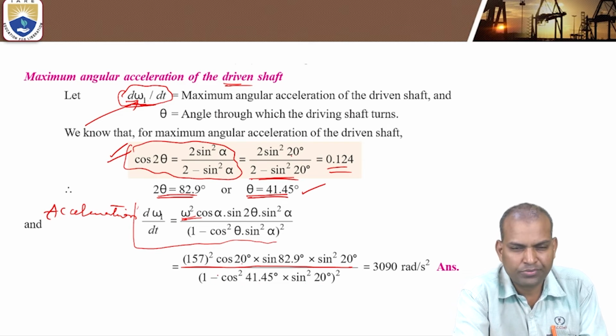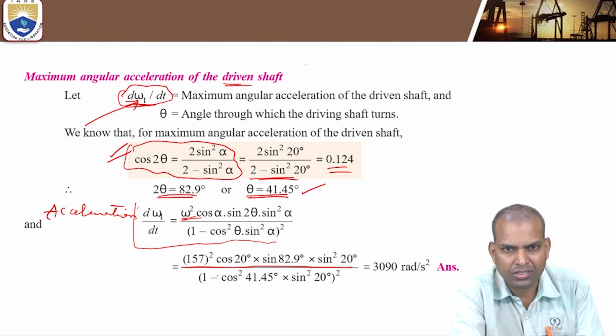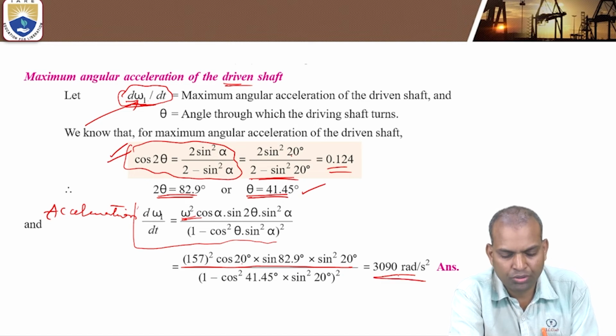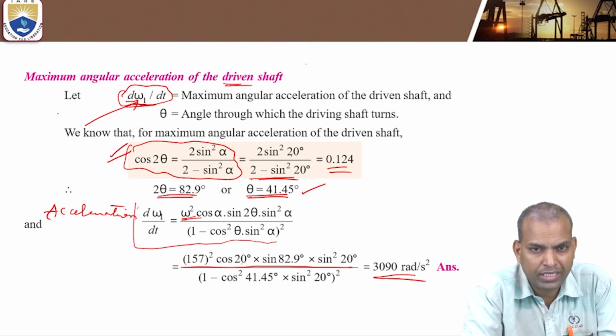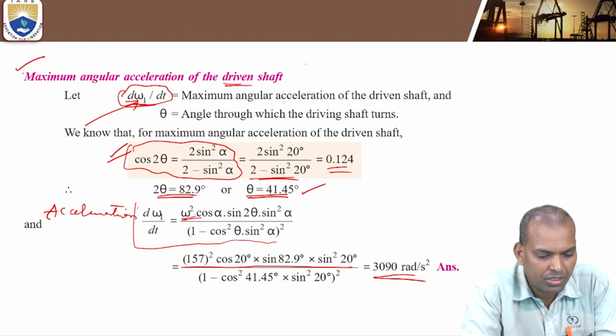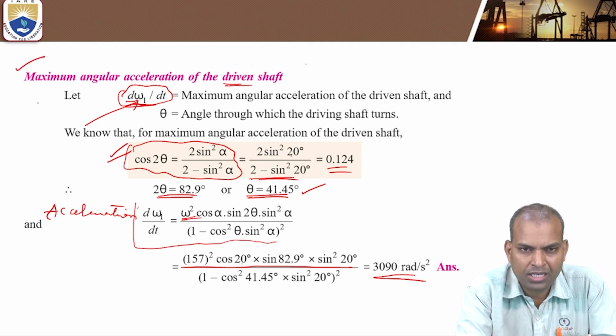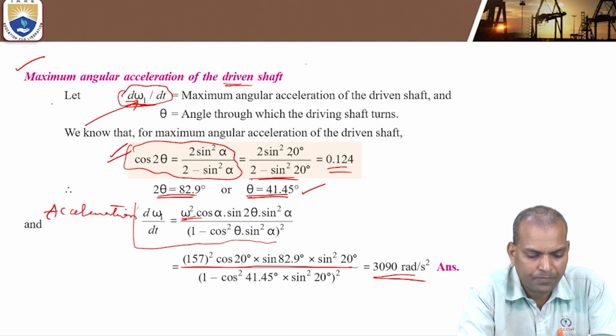After substitution and calculation, the value is 3090 radians per second square. This is the first objective we calculated, the maximum angular acceleration of the driven shaft.